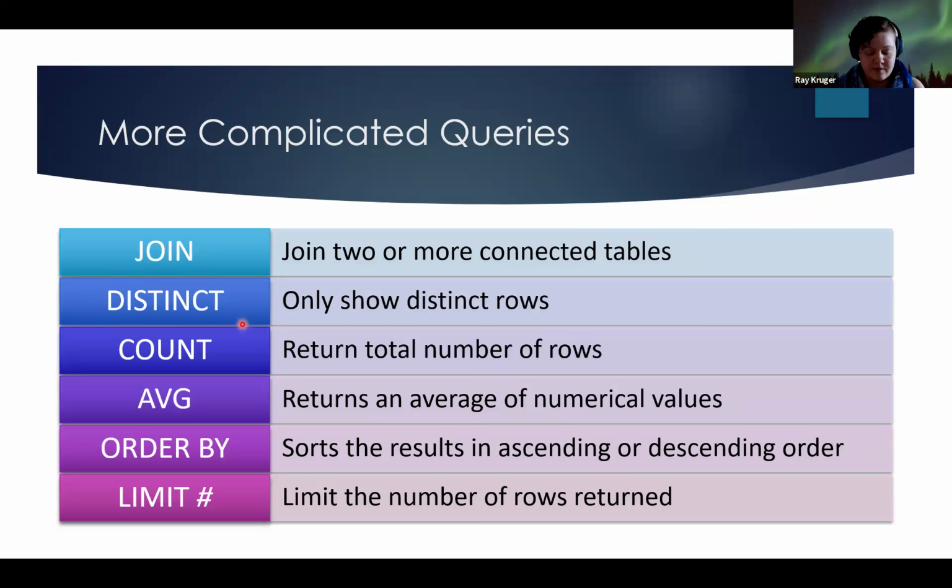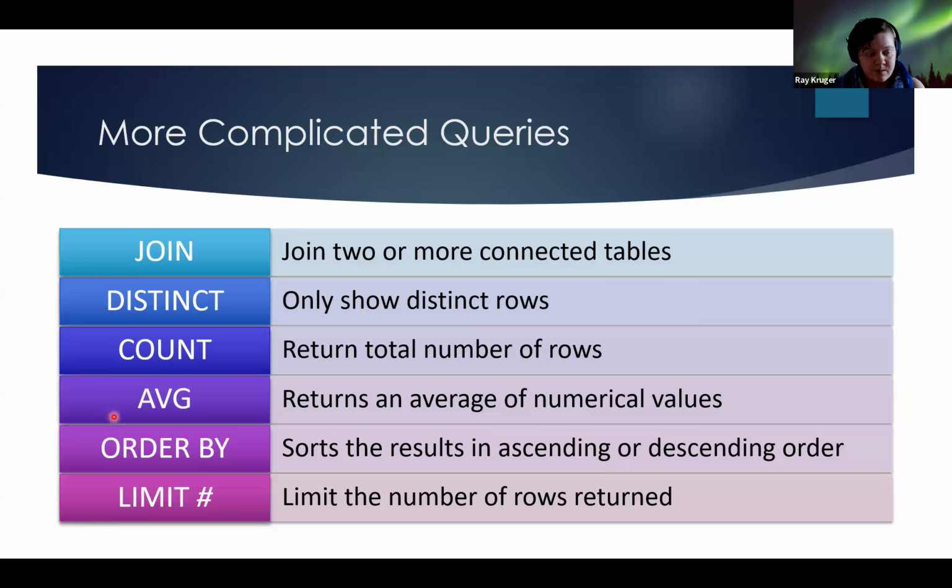Distinct, you will put this before the column names, and it will give you only distinct values of that column so that you're not getting repeats of the same column or of the same rows. Count will give you a total count of what you're asking for so that you can see it at the bottom, but this just gives you an immediate count rather than the rows of information.